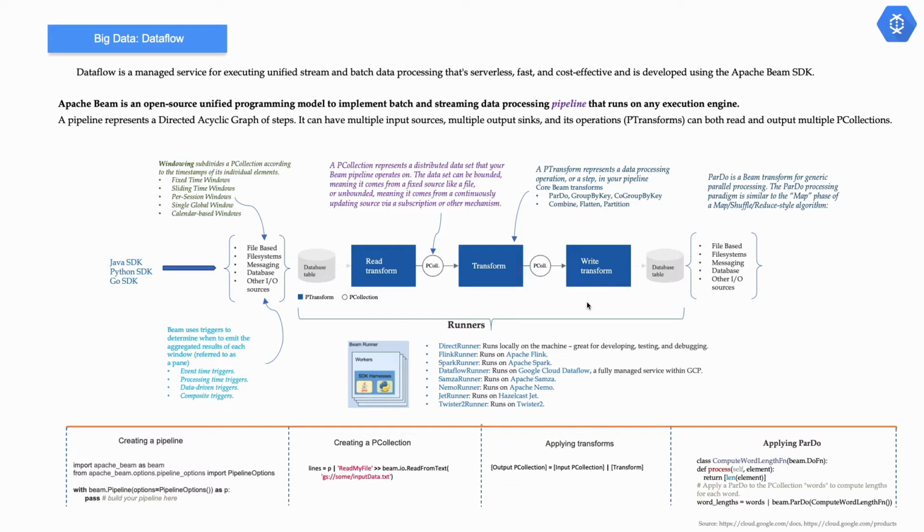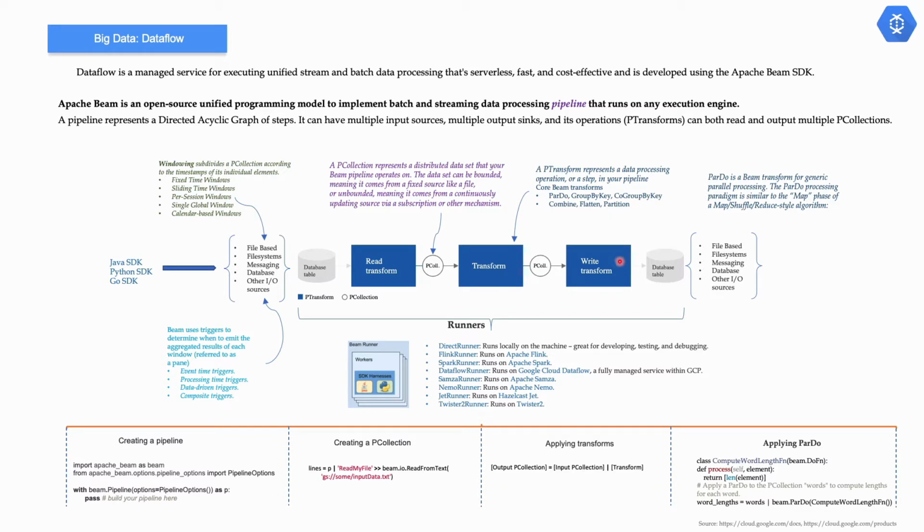As part of the pipelines, you can use a lot of different kinds of input sources and also a lot of output sinks, the standard output sinks that are available. As part of the pipeline, there are two important things: PTransform and PCollections.